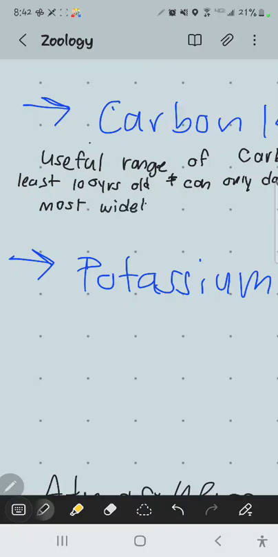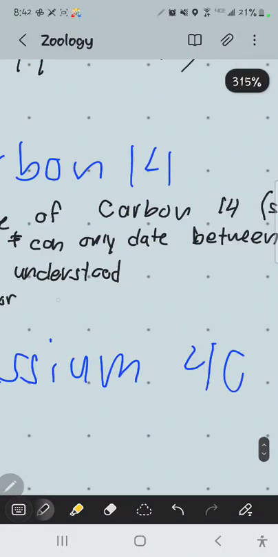So for archaeology, and if you want to know when the first Native Americans showed up in California, that has been estimated using carbon-14 dating, because 30 to 60,000 years is useful for early human settling and colonization.